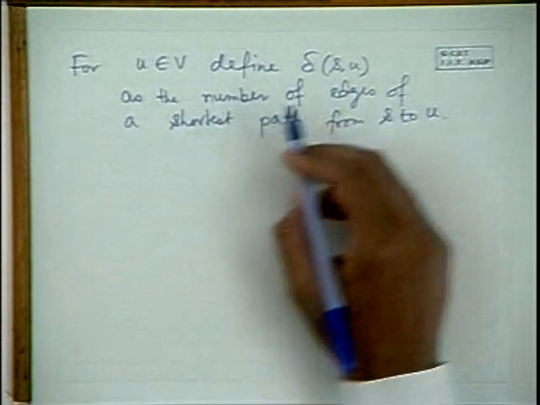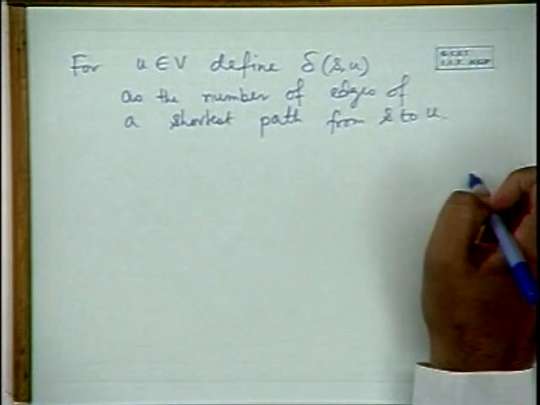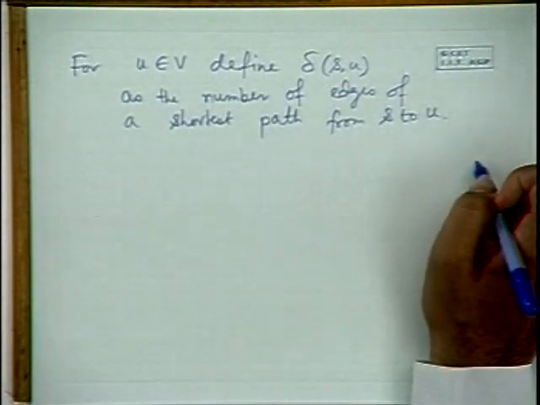Basically from S there can be many paths to another vertex, say u. You take that path which is the shortest in terms of the number of edges. That is called the shortest path. You would like to know what the shortest path is and what its length is with respect to the starting vertex S for all the other vertices. This problem you can immediately solve if you do a BFS. Basically each vertex's timestamp will give you the shortest path.